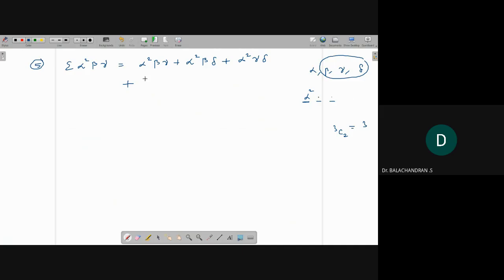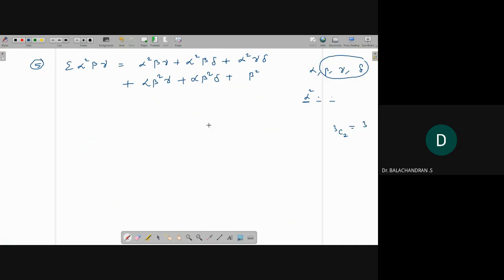If you fix beta square: alpha beta square gamma, and then fix beta square, alpha and delta, plus again fix beta square with gamma and delta.